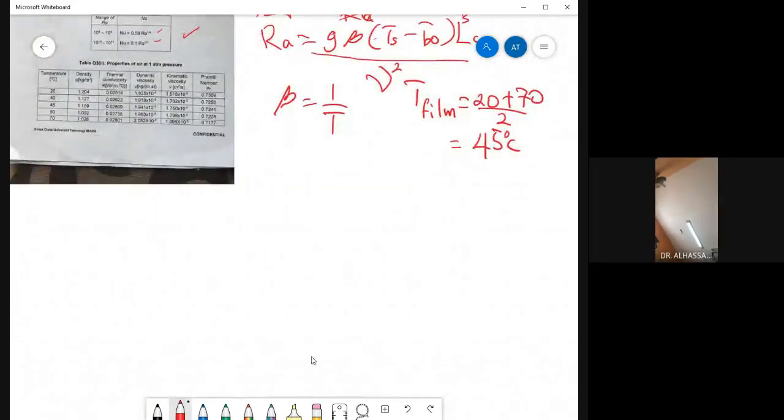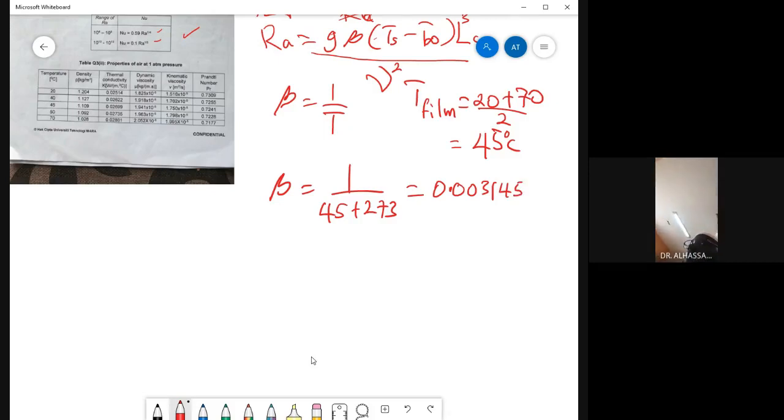So beta equals 1 over, be careful, 45 plus 273. If you calculate this carefully, that gives us 0.003145 per Kelvin. You understand? So this is how to calculate.